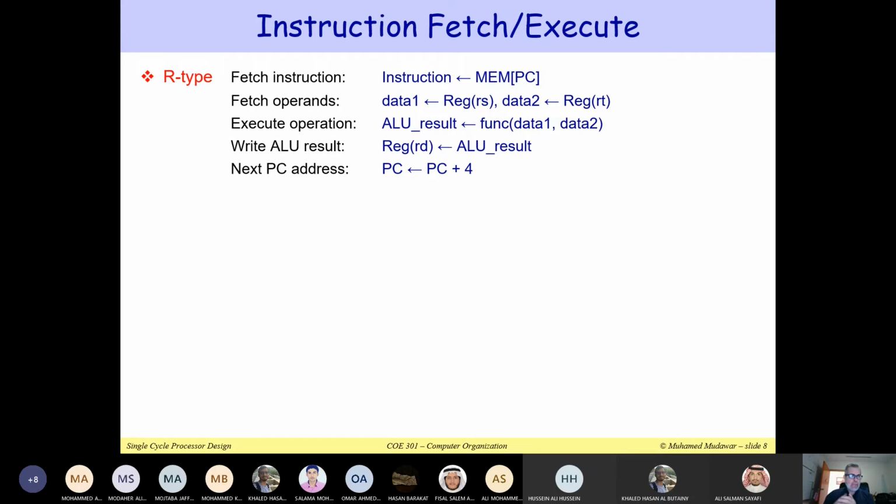After we read two, we have data 1 and data 2. Then we have to execute the instruction. To execute it, we use a component inside the CPU called the ALU. The ALU is the arithmetic and logic unit, a component inside the CPU which is used for executing the instruction.